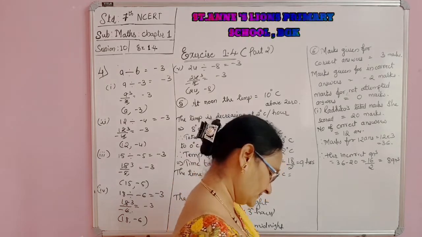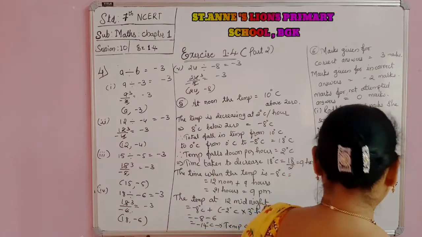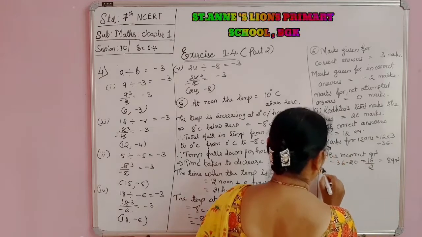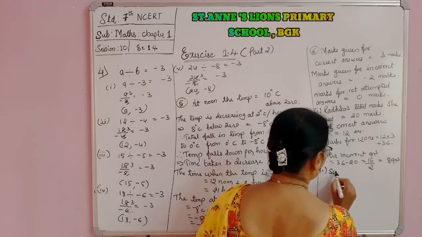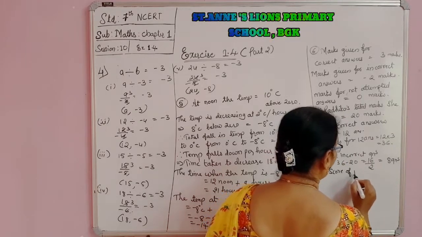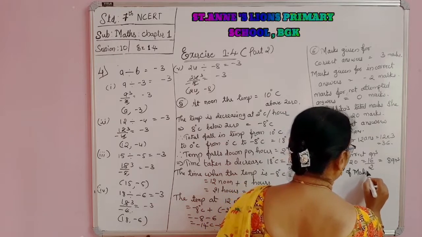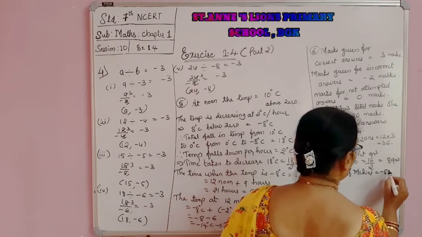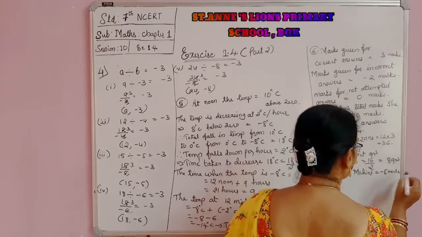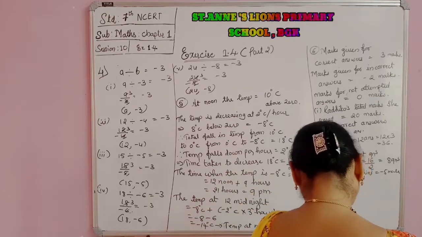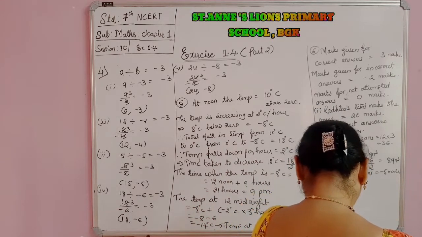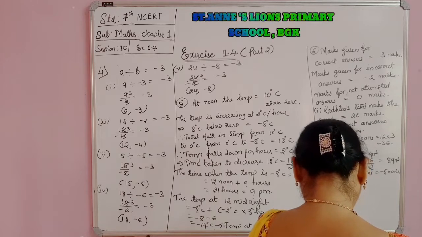The next one, the same way, Mohini scores minus 5 marks. Score of Mohini is minus 5 marks, though she has got 7 correct answers.